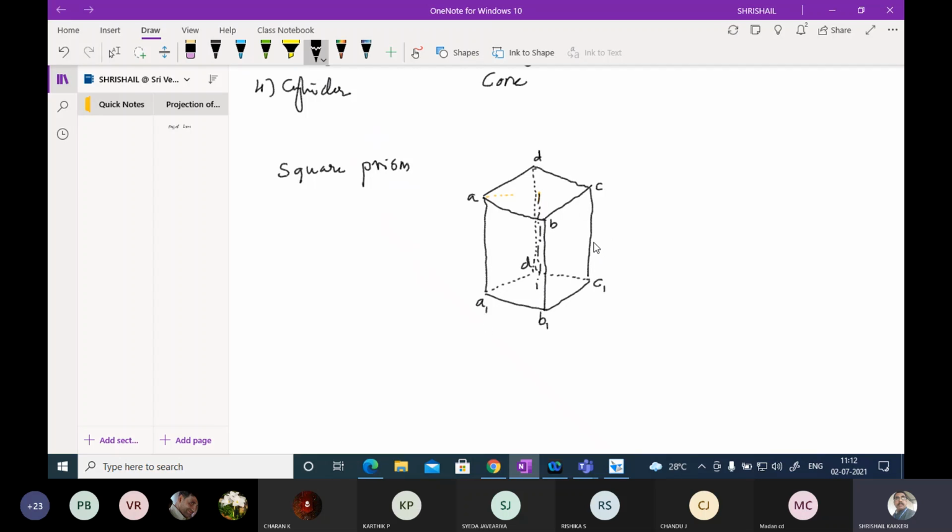So now please look here. It is called the longer edge, and this is called the base edge, or simply we can say it is a shorter edge.